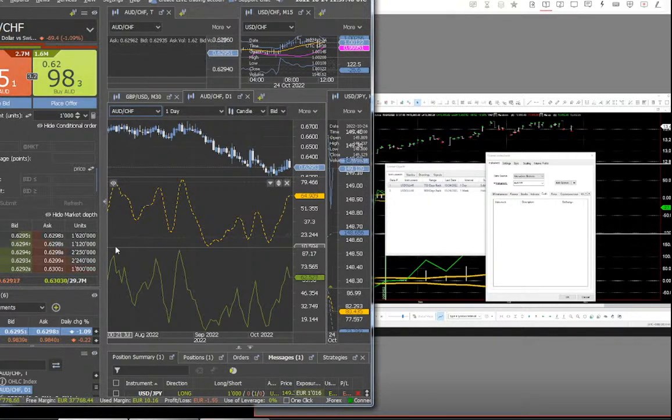Cash. Load it. AUD forward slash CHF. Look up. Not there. Let's put it in. What is this? This is in 4x.